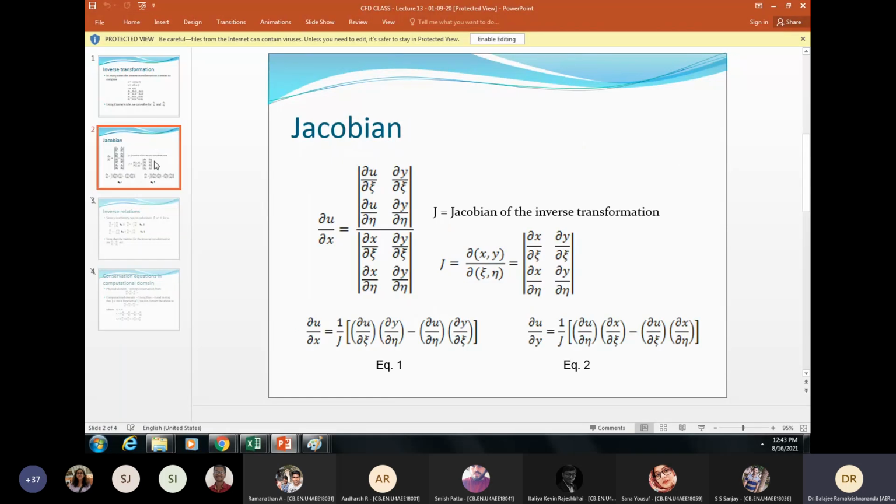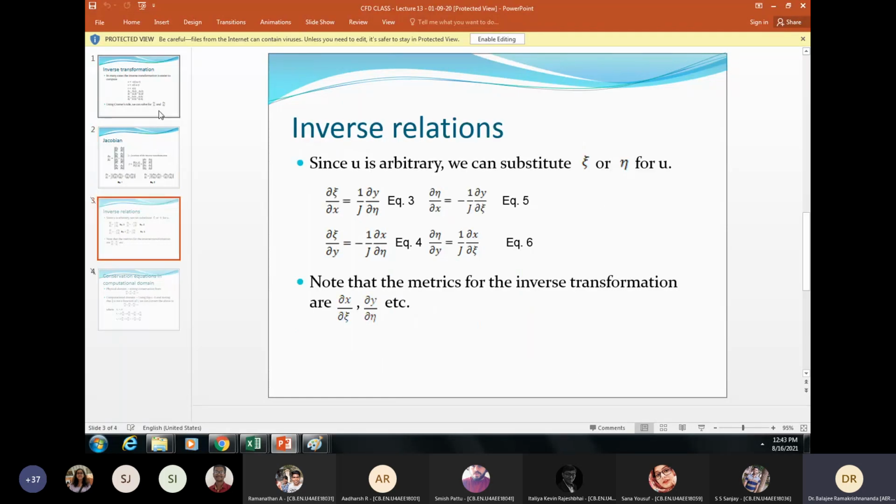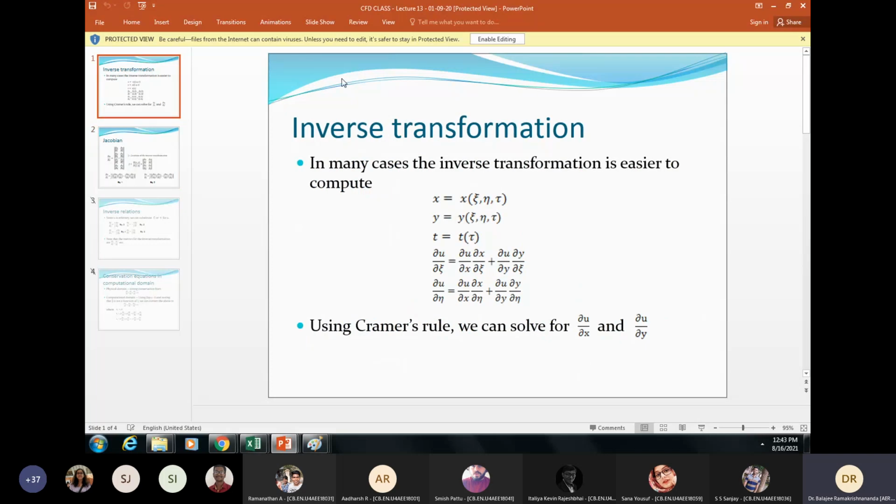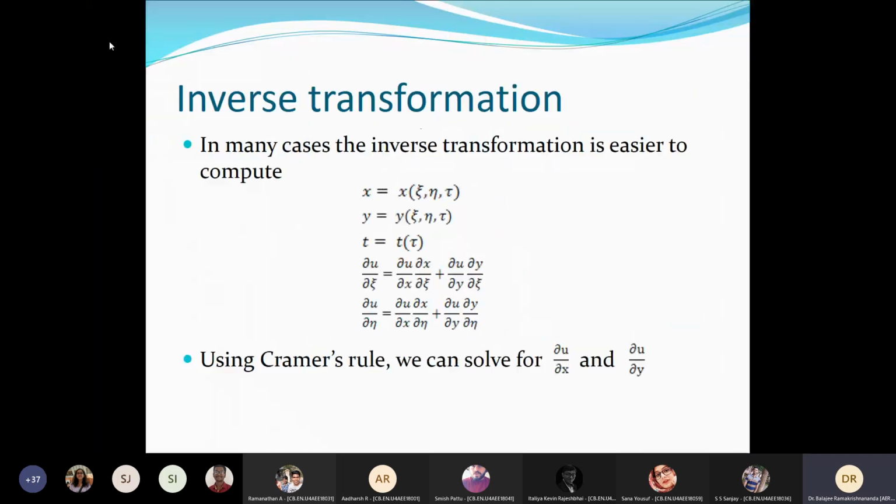Here comes the Jacobian. In many cases, the inverse transformation is easier to compute. For example, ∂x/∂ξ may be easy to compute: x2 minus x1 by ξ2 minus ξ1.